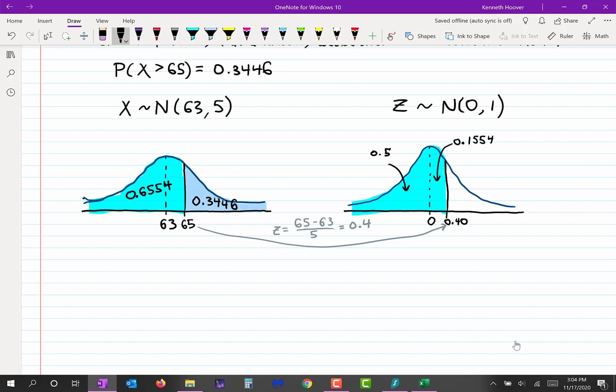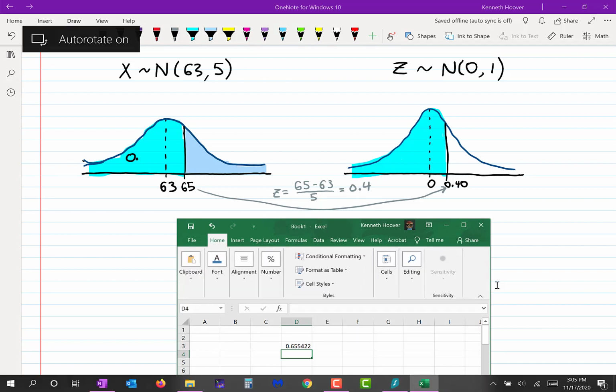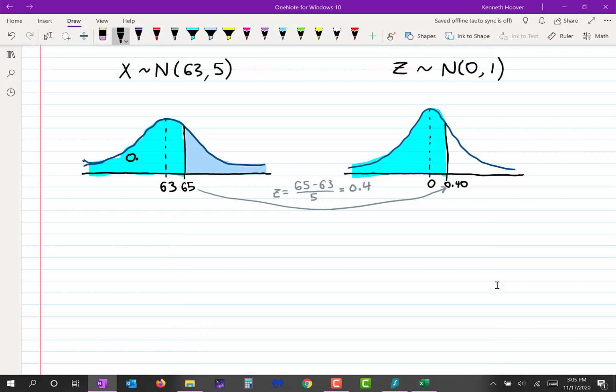Okay? Or, what's our other option? Our other option is to go to Excel and type in equals norm.s.dist, parentheses 0.4 comma true, and you see it gives us immediately 0.655422.